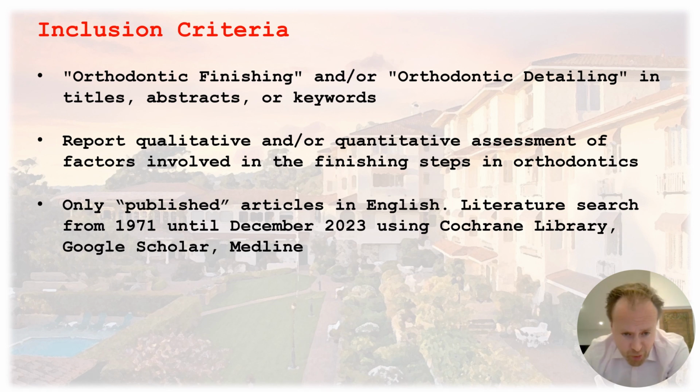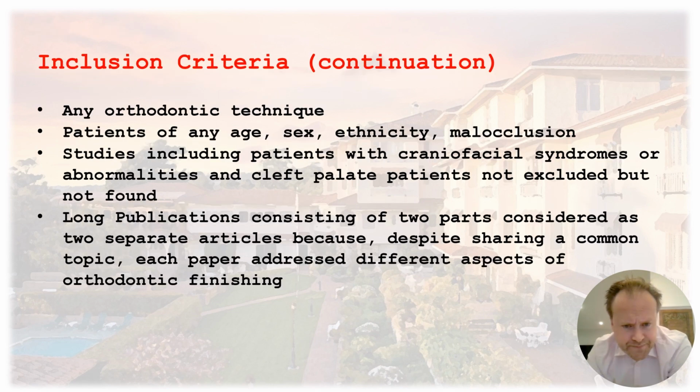They needed to report a qualitative or quantitative assessment of factors involved somehow in finishing in orthodontics. I selected only published articles in English. I searched using Cochrane Library, Google Scholar, and Medline, and I was able to find articles only from 1971 until I ended my research in December 2023.